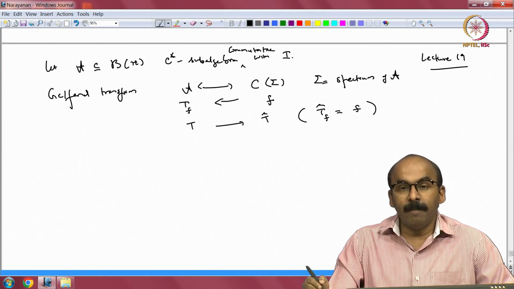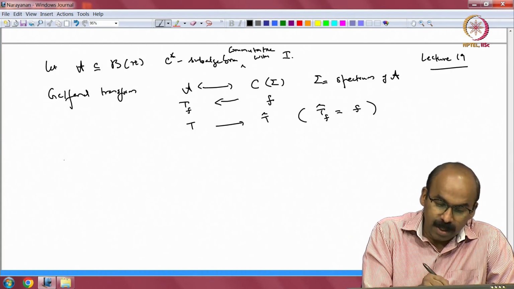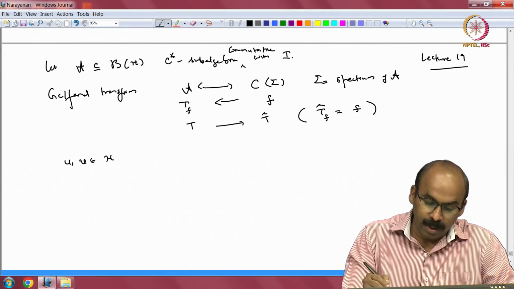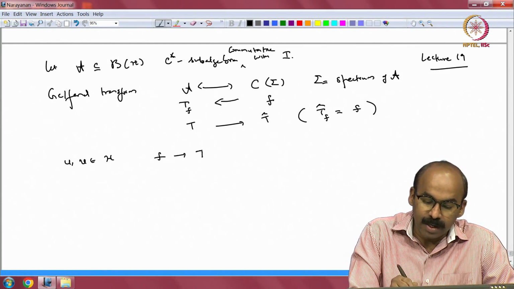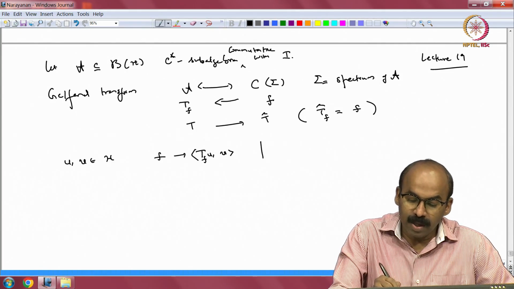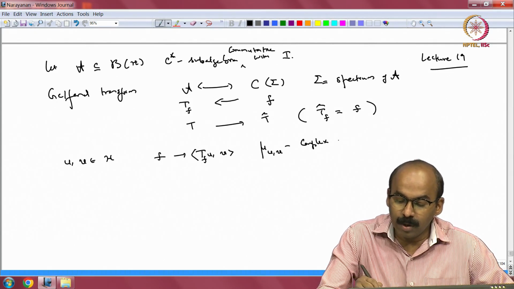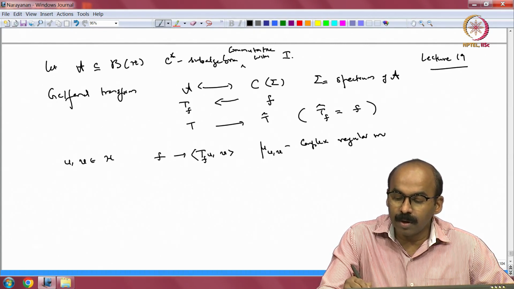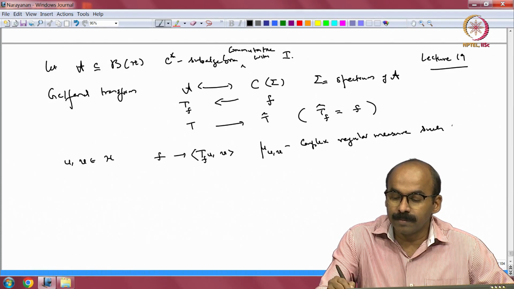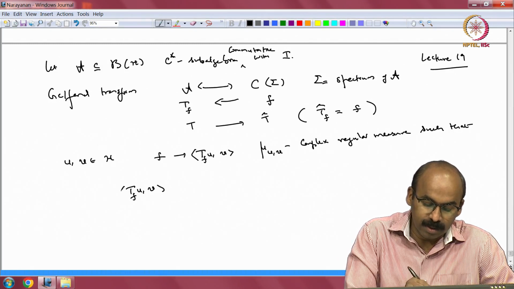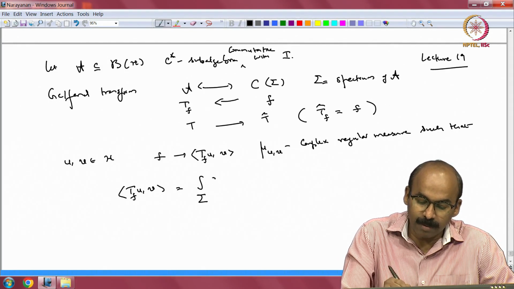Now, we defined measures using this. So, how did we do that? I take u and v in the Hilbert space, right, and we looked at f going to T sub f u inner product with v, and this was a continuous linear functional. So, we had mu u v, a complex regular measure, such that T f u v, the inner product, is given by the integral over sigma of f d mu u v, right.